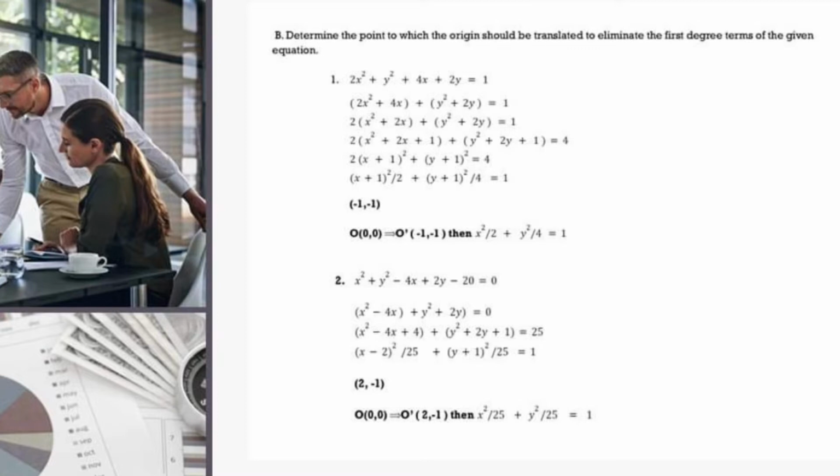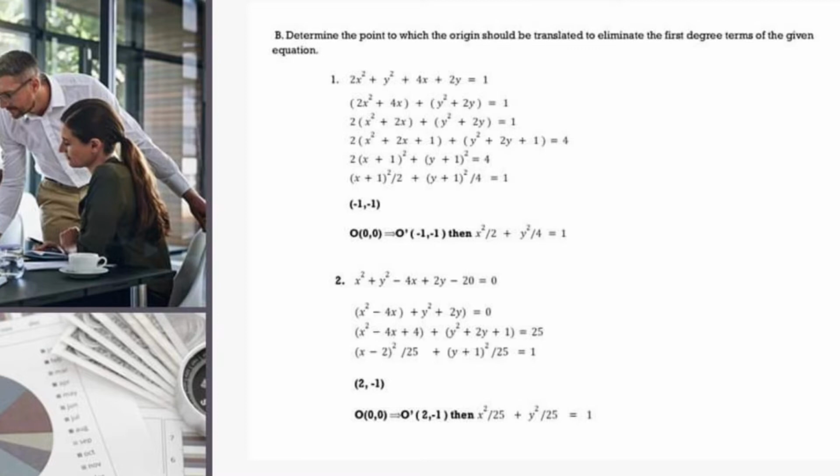So, bakit nga ba nagkaroon ng 1 doon? And here's the thing, yung katabi ng variable, which is the x, is 2, right? And then you need to multiply it by 1 half. So, it is 1 half multiplied by 2 is equal to 1, and you need to square it. So, 1 squared is equal to 1.